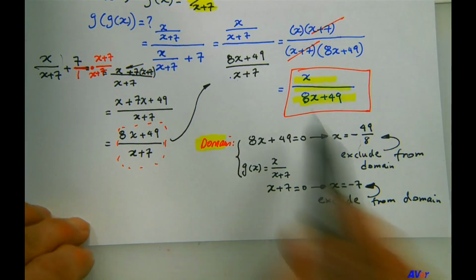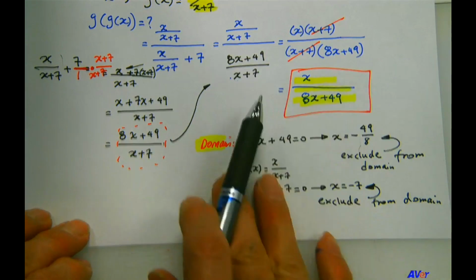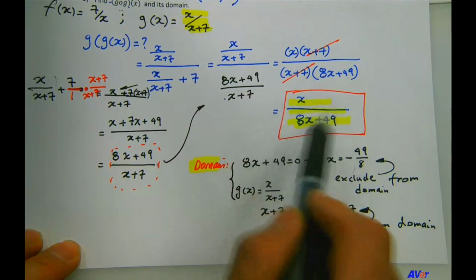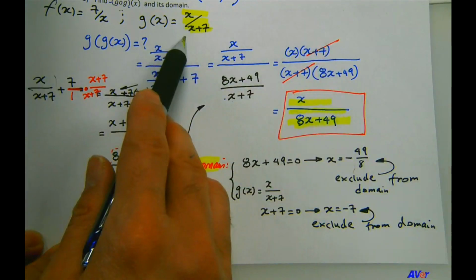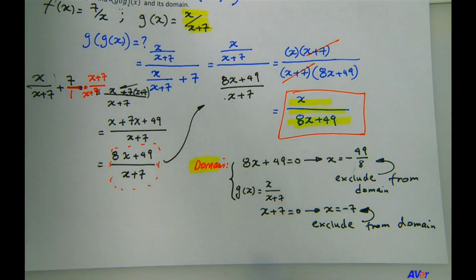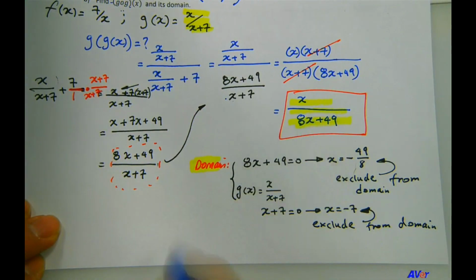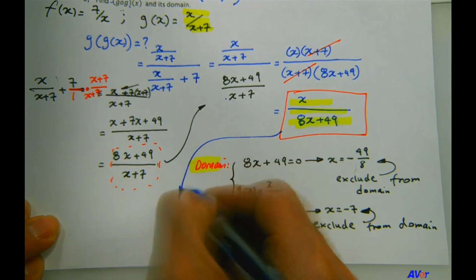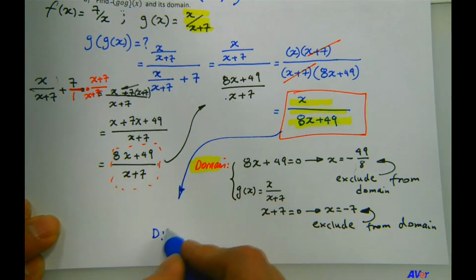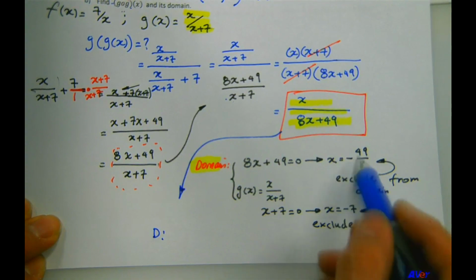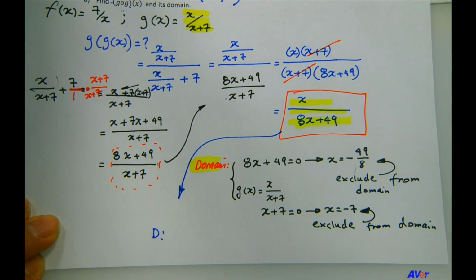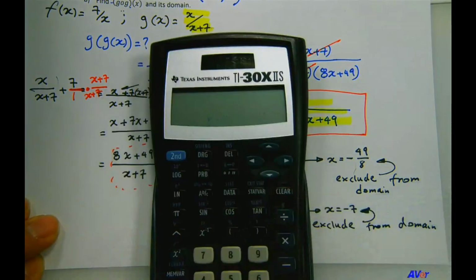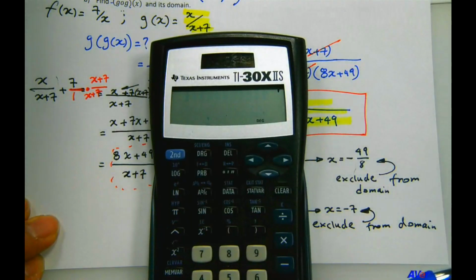So the domain of this composite function must agree with the domain of itself and also the domain of the function that went inside the other function, which is g. So the domain of this composite function is negative infinity. We need to exclude these two numbers. Now, negative 49 over 8 is negative 6 something, right? See? So it's a slightly larger negative number than negative 7.